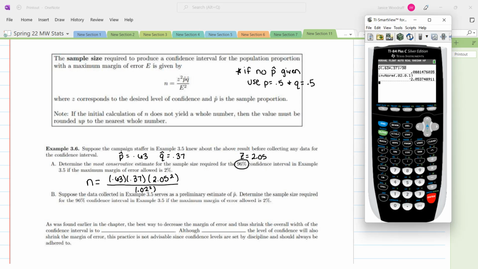Okay, so let's see. 0.63 times 0.37 times 2.05 squared gives us 0.9796.